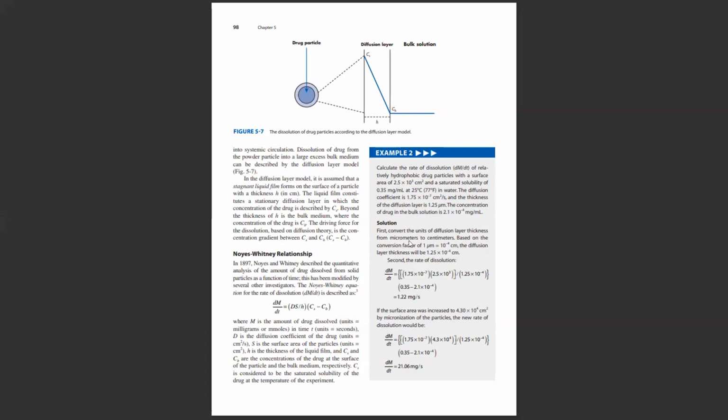So let's look at it together. Here you convert the micrometers to centimeters. We've done that. And so you get the rate of dissolution by the product of the diffusion coefficient, which is given to us, and the surface area of the drug particles, which is this one, divided by the height in centimeters.